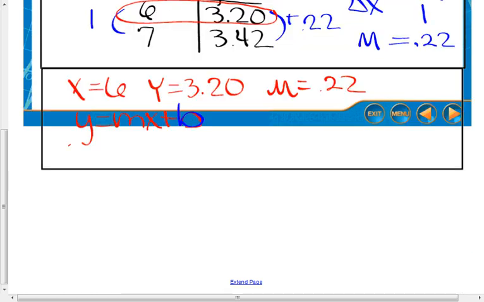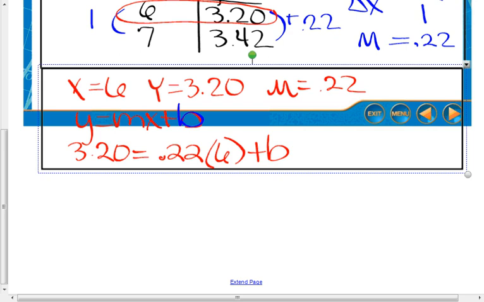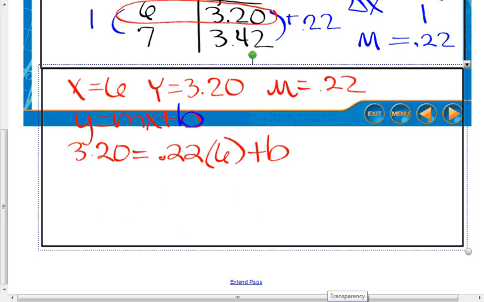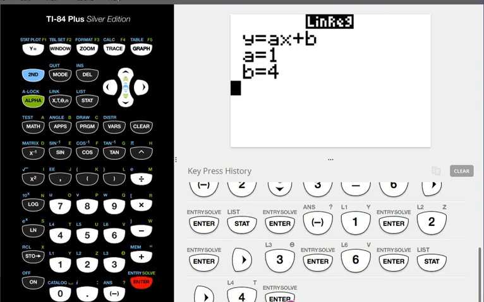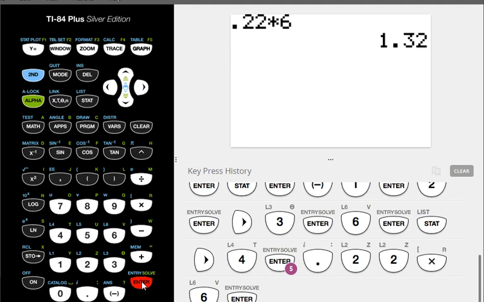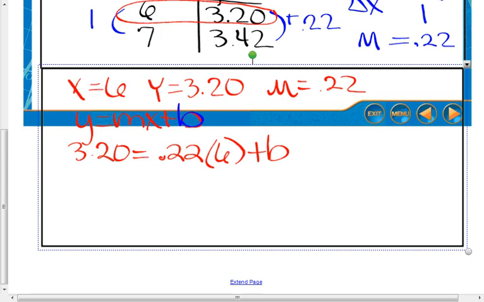Okay, we've got $3.20 equals 0.22 times 6 plus b. I'm going to make my box a little bigger. Okay, and we're going to clean it up. We can put that in our calculator. I'm going to put it in mine. 0.22 times 6, and I get 1.32. So I'm going to go back here.